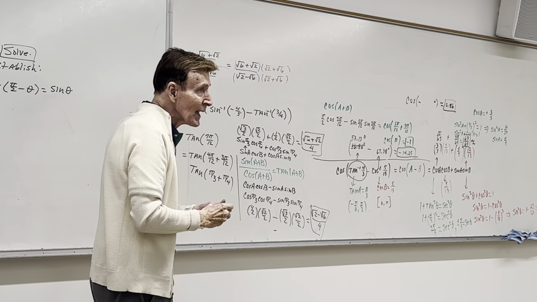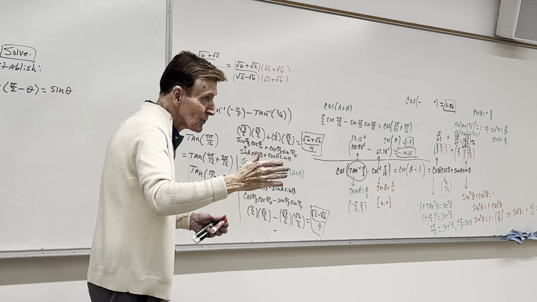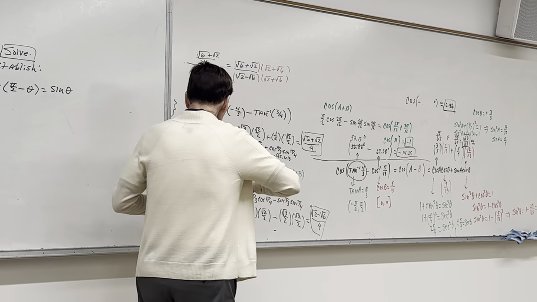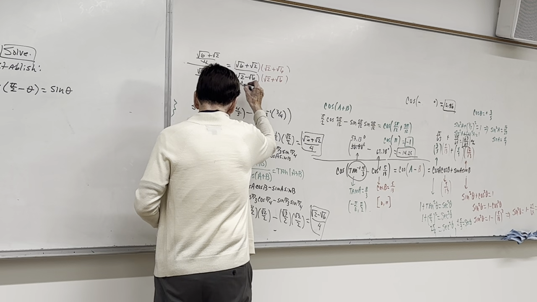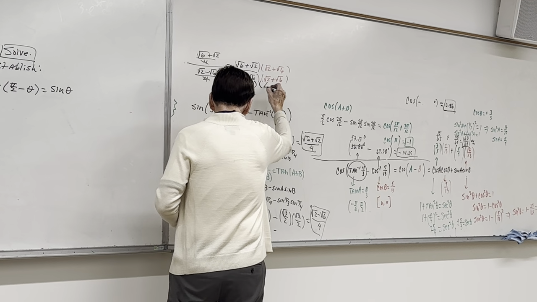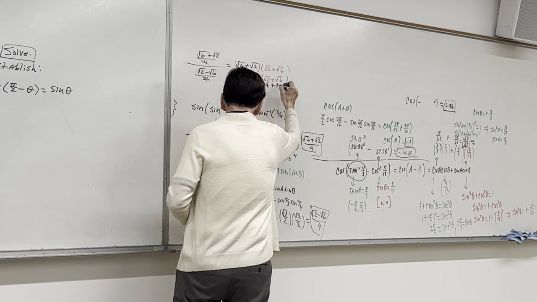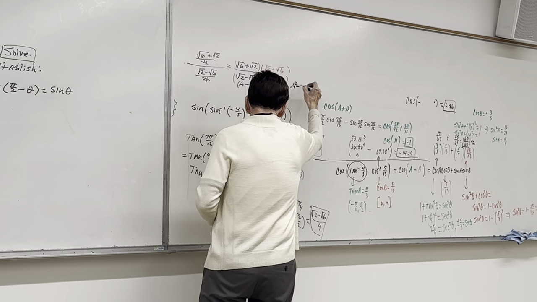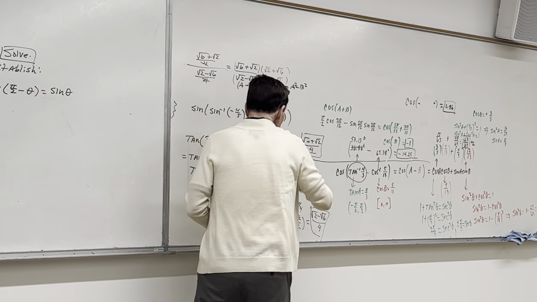Now, let's see why radical 2 plus radical 6 in the red was chosen. Because this now takes the form of, and guys, look at this, in my denominator, this looks like an A subtract B to me, times in the red, A plus B, which is A squared minus B squared. Is that true?